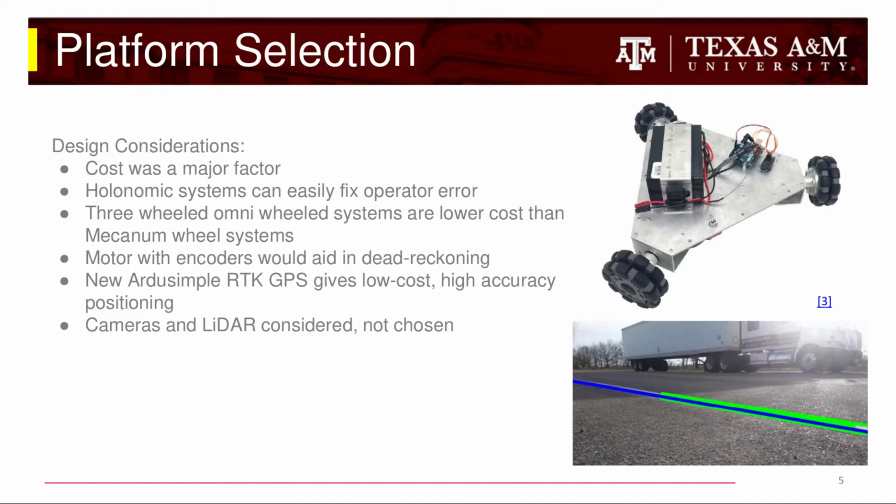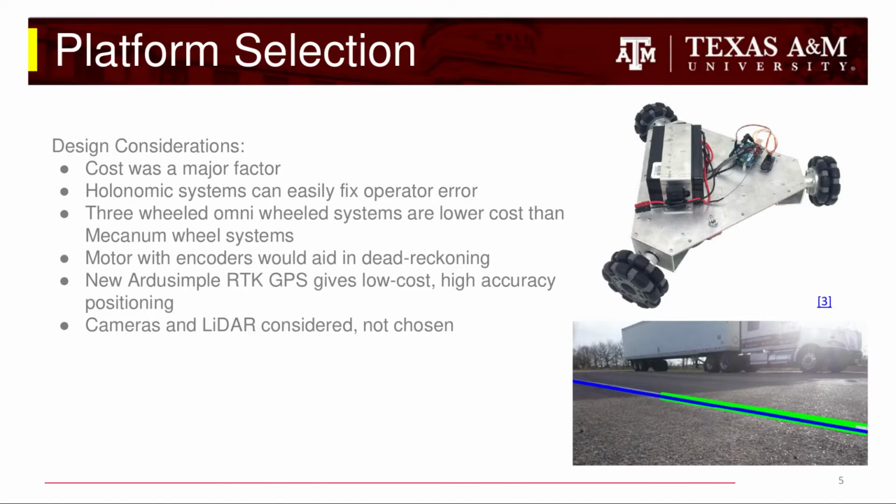Additional sensors were considered. LiDAR was considered but not used because it would be cost prohibitive, and cameras were considered but not used because we found that in the environments that we would be operating in, there were not consistent lane lines to actually navigate off of.